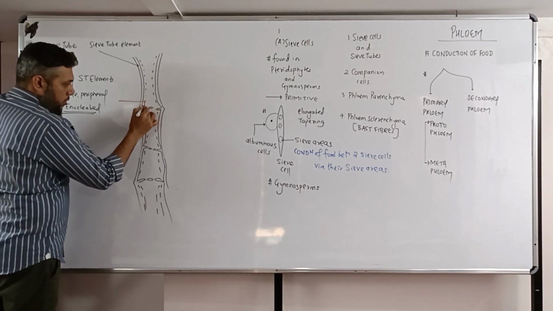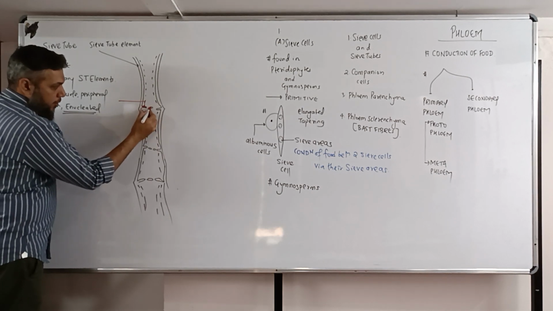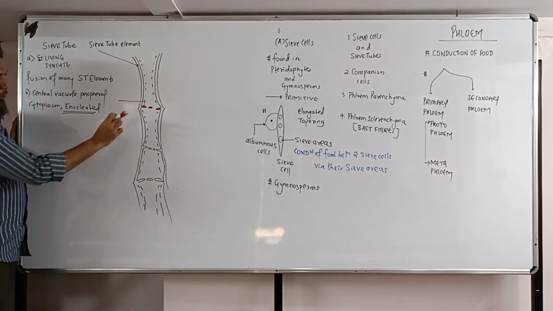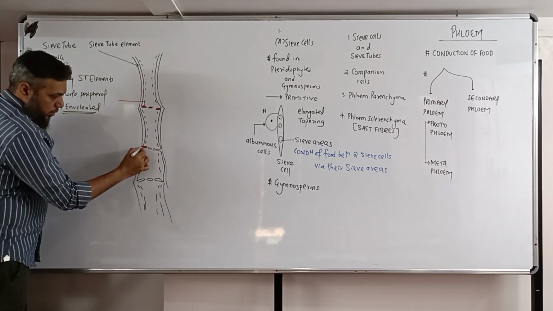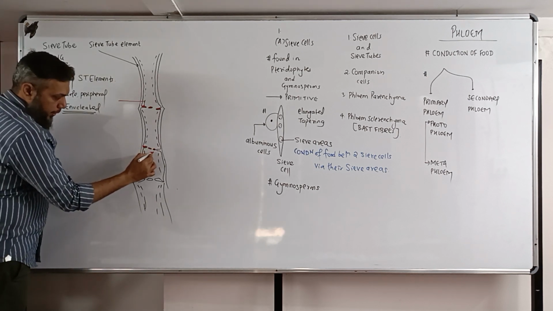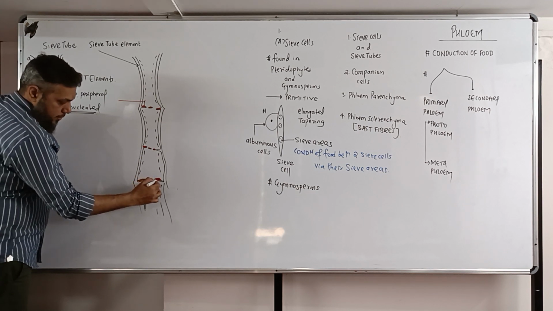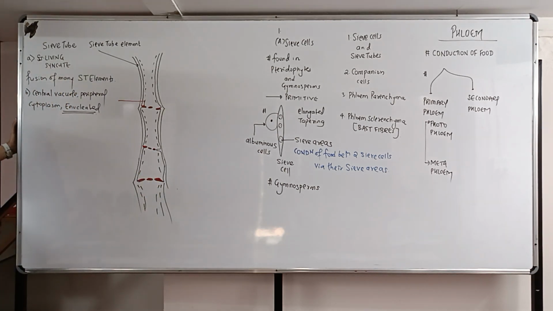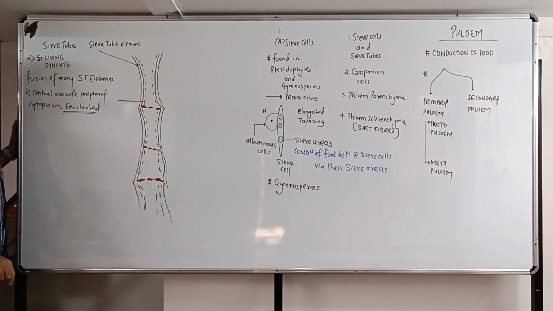Do you see this part? I will highlight it like this. This is the cell wall between the two sieve elements. And what I see is that this cell wall is not continuous.